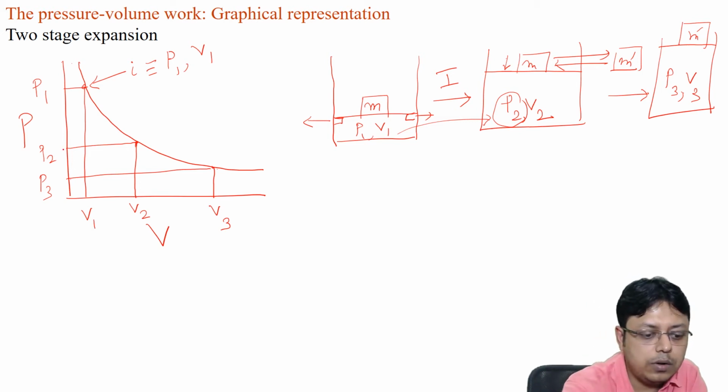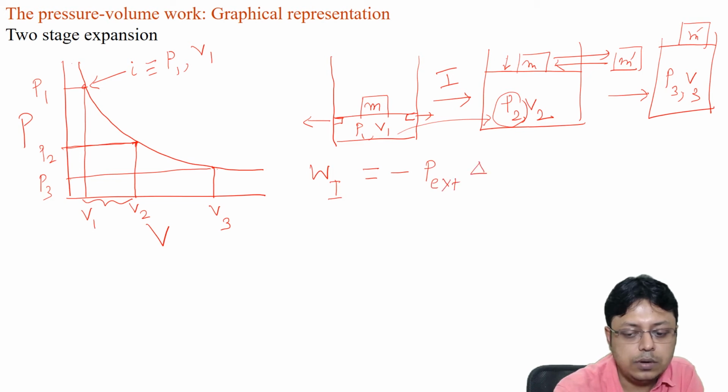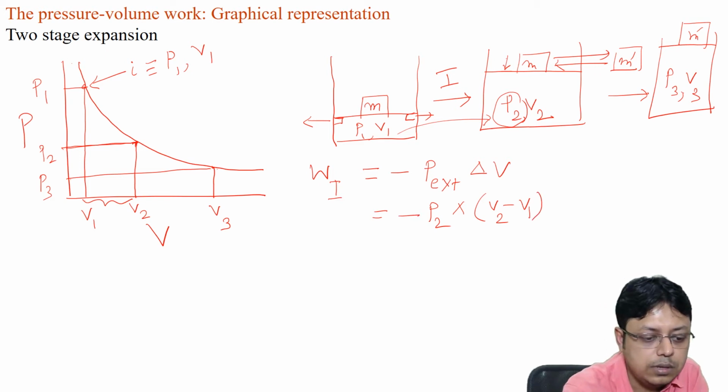So the work done will be P opposing, which is P2, into V1 minus V2. So work done in stage 1 is minus P external into delta V, and minus P external in this case is P2, and delta V is nothing but V2 minus V1. So this is represented by the area under this curve.